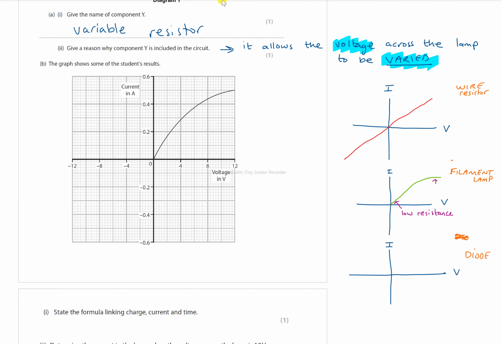The gradient is low or lower. You have high resistance. And then so you've gone down, and it tapers off like this.